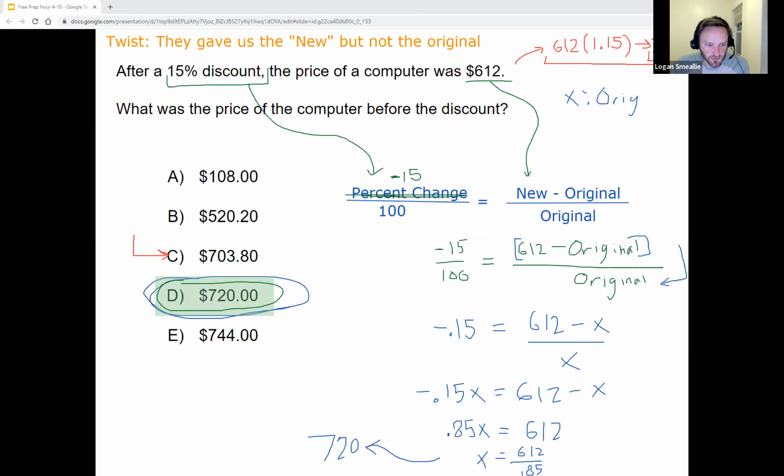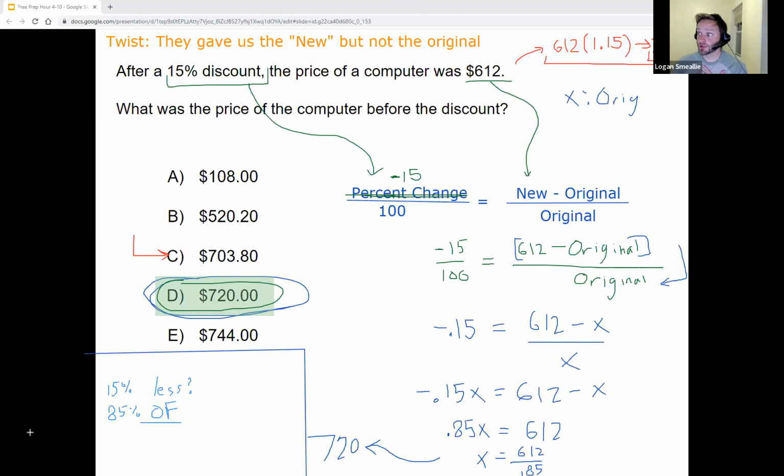Quick shout out, if any of y'all did it a slightly different way, you might have skipped all this mess if you had that intuition and you thought 15% less, well, that's the same as 85% of. So I'll draw a little box to separate this in the corner here.